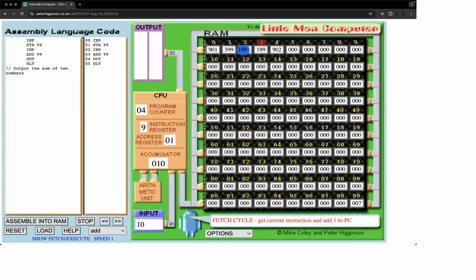The value in the memory is 199, where the first digit is the instruction and then we have the address. So 199 is the address of the last one, and we are going there.